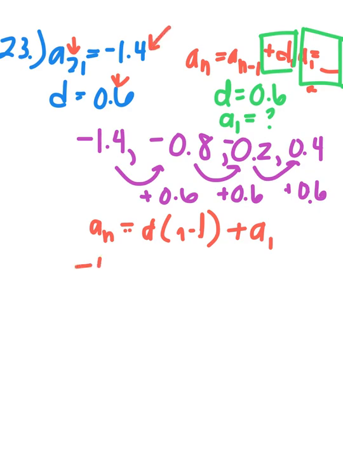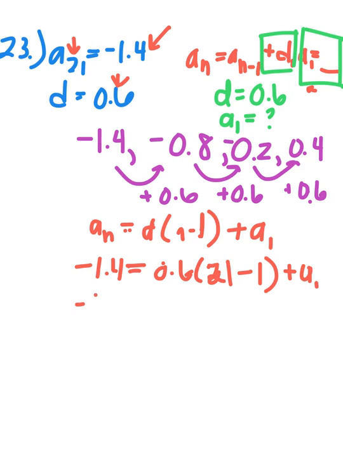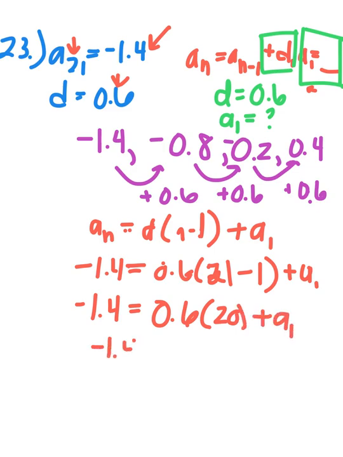So I get negative 1.4 equals d, which is 0.6, times n, which is 21, minus 1, plus a sub 1. So negative 1.4 equals 0.6 times 20 plus a sub 1. 0.6 times 20 is 12.